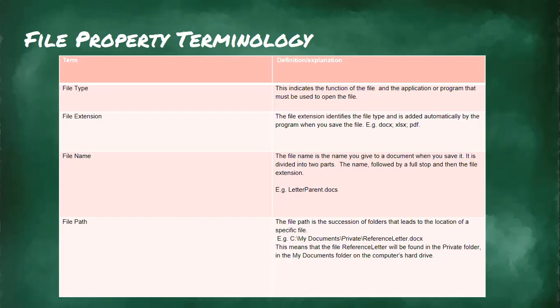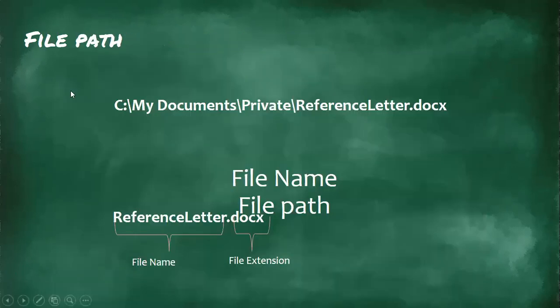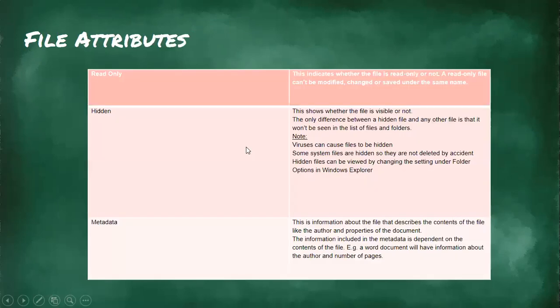This means that the file reference letter will be found in the Private folder, in the main folder on the computer. That means Private is your subfolder. So this is the file path, like your file name and file extension. I believe now we all understand this.